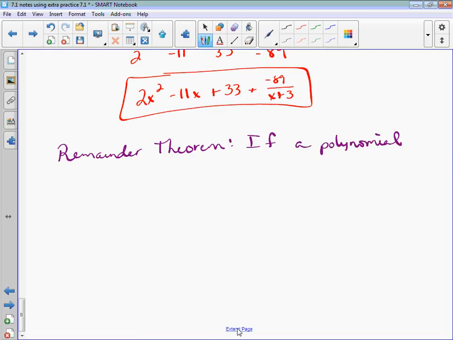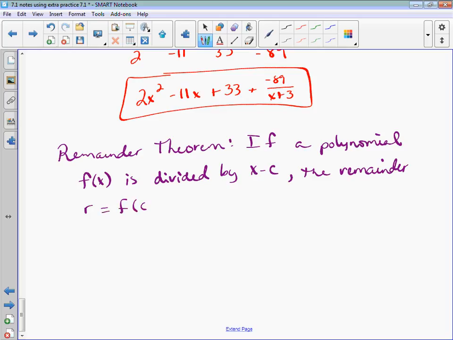If a polynomial f of x is divided by x minus c, the remainder r equals f of c.